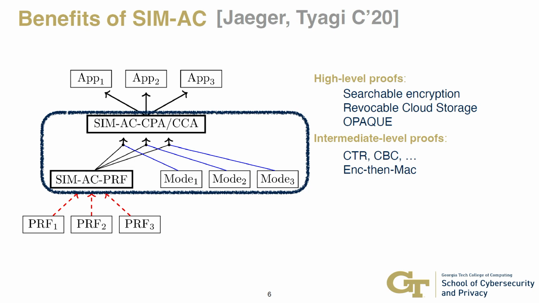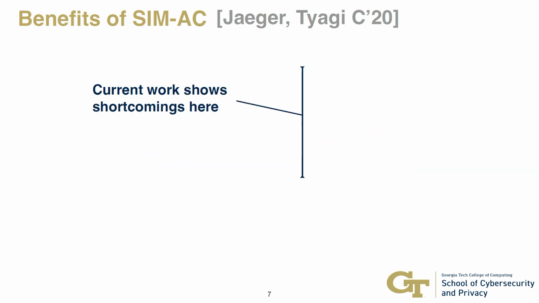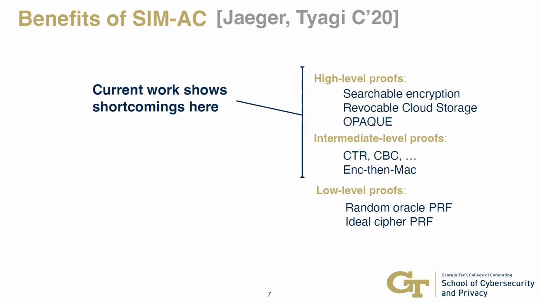The previous paper was mainly doing different kind of encryption schemes based on PRFs. And finally, the kind of lowest level is where we do the actual analysis, where we dig into ideal models and do these reprogramming proofs about random oracles being good PRFs, ideal ciphers being good PRFs. In my current work, I show some kind of shortcomings with high-level and intermediate-level proofs, where there are some examples here where I can't prove the thing which I really feel like I should be able to.